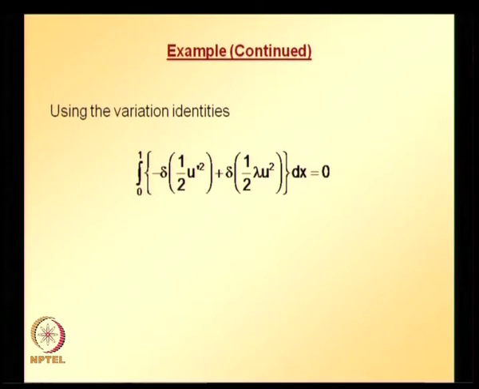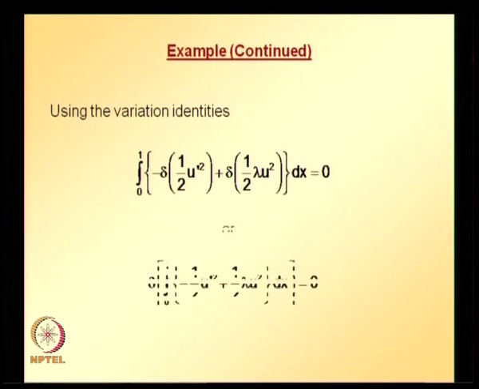Using variational identities, the first term can be written in the manner given here, the second term can be written like this. Now, it became like variation of u plus variation of v. So, we can bring the variational symbol operator out. Variation of u plus variation of v is nothing but variation of u plus v. So, the equivalent functional is nothing but whatever is inside the bracket.